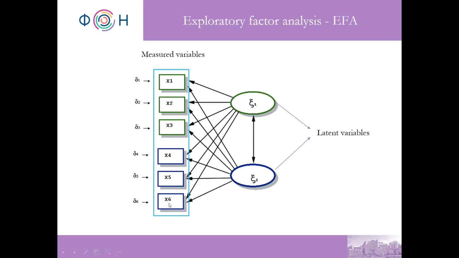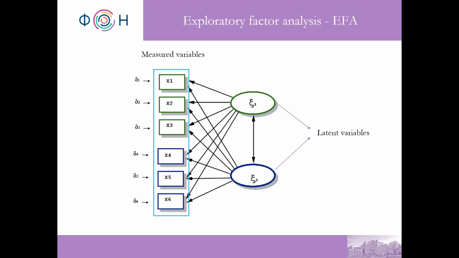We can see they are marked in squares, and we want them to be grouped into latent variables. As we can see, each variable is connected to each latent variable, meaning that after conducting the analysis, a situation could have been that variables from x1 to x5 are all in latent variable 1, and that variable x6 is in latent variable 2.